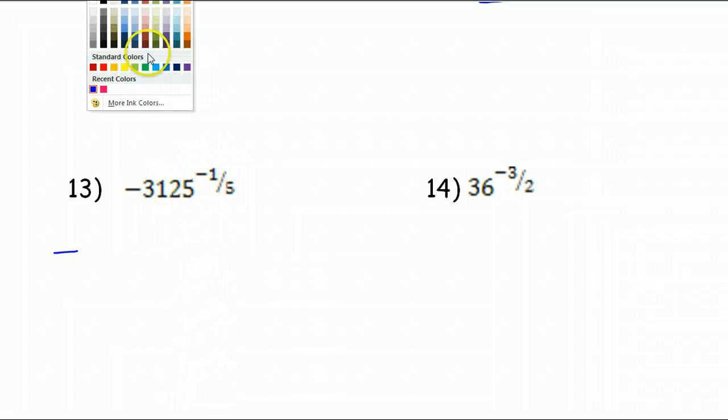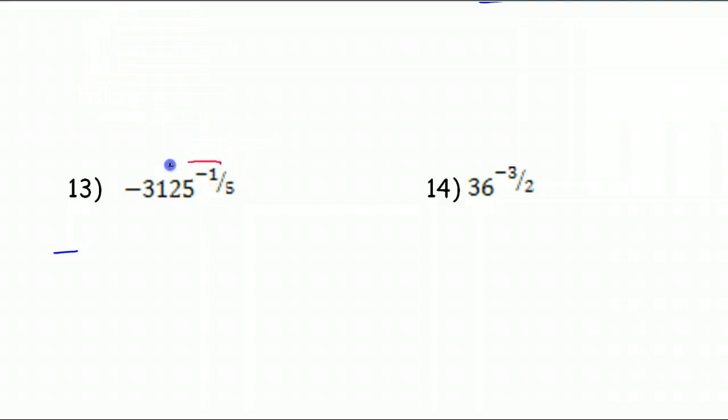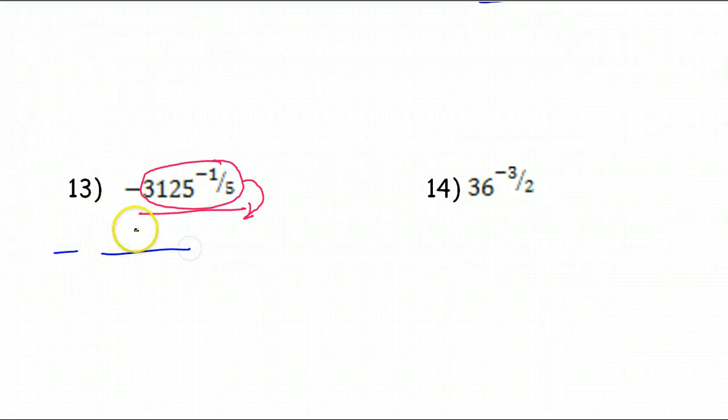So I've got a negative power on it. That means I have to take this and drop it down to the denominator. That's why I'm going to have 1 over, and that negative sign is right there.